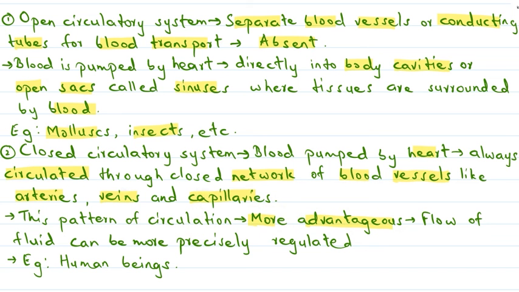And why is it more advantageous? Because here the flow of the blood can be more precisely regulated as it is flowing through a closed network of blood vessels. And this type of circulatory system, that is the closed circulatory system, can be found in human beings.